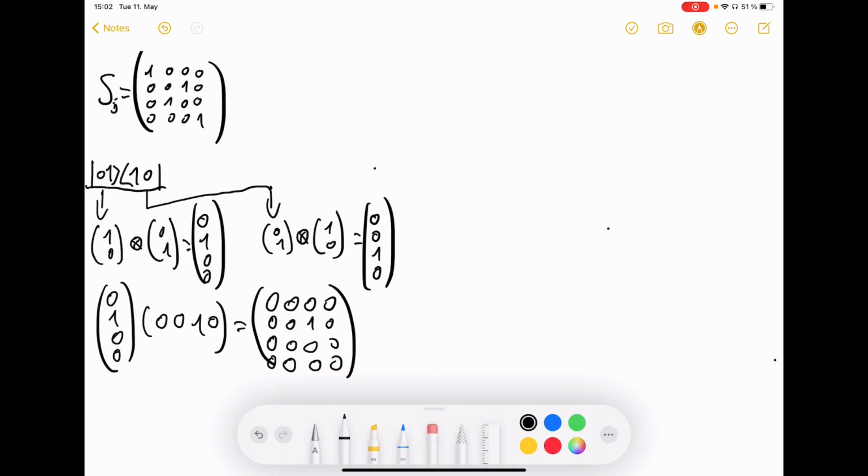Now you do the same for this one here. I write it down here on top. You may try that out. The matrix representation of that one is all zeros here, 0, 0, 0, 0, then we have 0, 0, 1, 0.